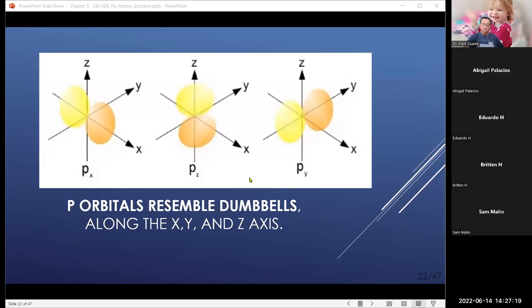Now, with respect to the P's, they call these the dumbbell shape. Okay, there are 3 P's, along the X, Y, and Z axis. Again, these represent mathematical equations in 3 dimensions, and those colored areas represent where the probability of an electron being is. Okay, so those are the 3 orbits.